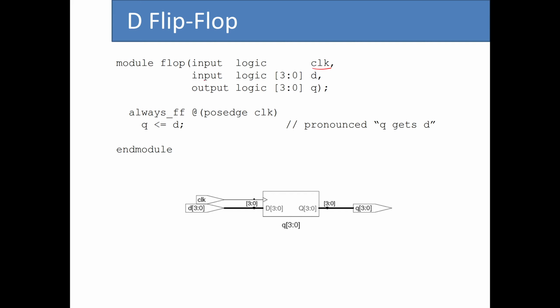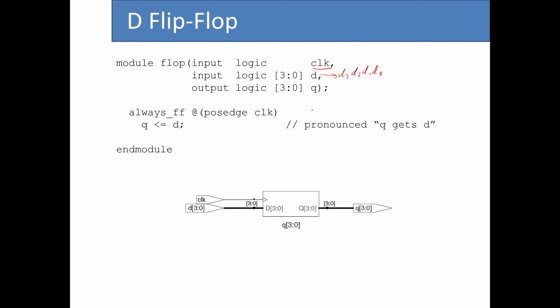We have another set of inputs, again logic values, 4 bits, and we call them D. That means D is D3, D2, D1, and D0. So this means that we are designing a register with 4 D flip-flops. As for the output, we have Q, which is again a logic variable with 4 bits.